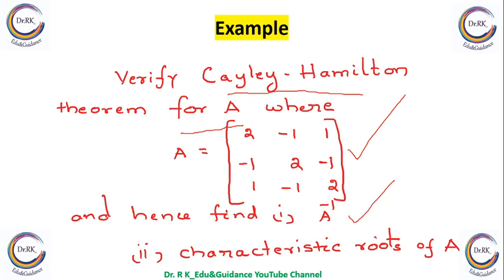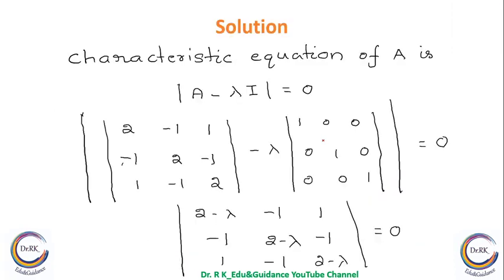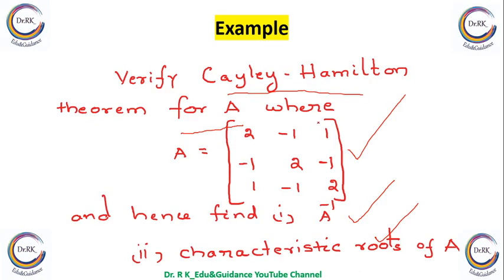So basically, verification of the Cayley-Hamilton theorem, and from that finding A inverse, not finding A inverse by using some other means. We know many methods to find A inverse, but here we have to find it from the Cayley-Hamilton theorem. So very simple.